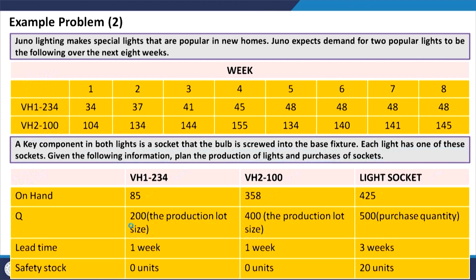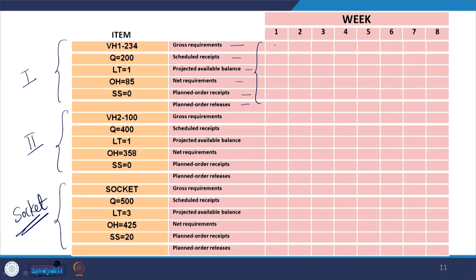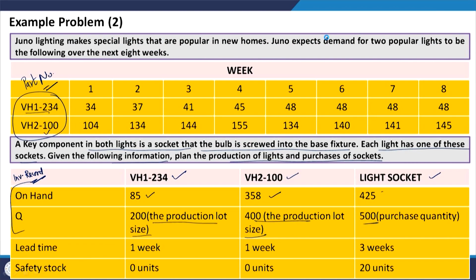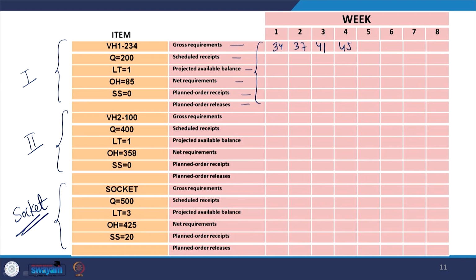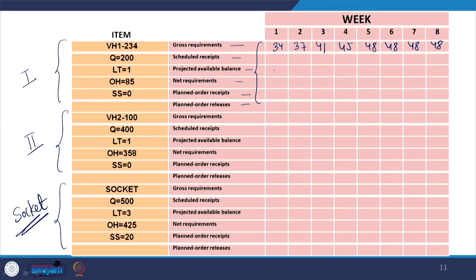So, to start this discussion, you write 34, 37, 41, 45, 48, 48, 45, 48, 48, 48, 48. Now, the on-hand inventory is 85, so the available balance is 85 on day 1, and there are no scheduled receipts.